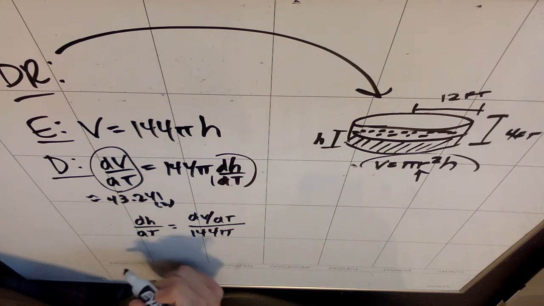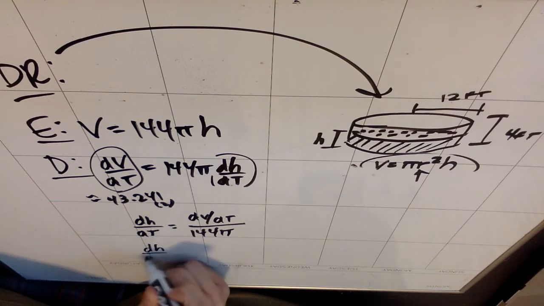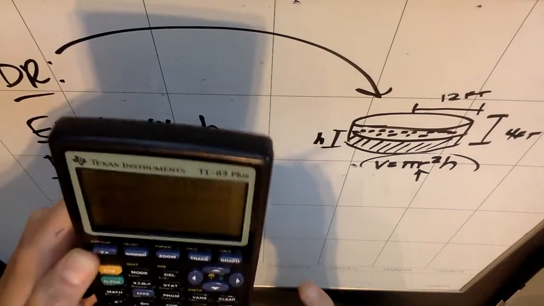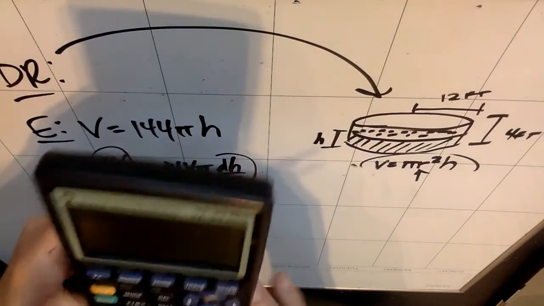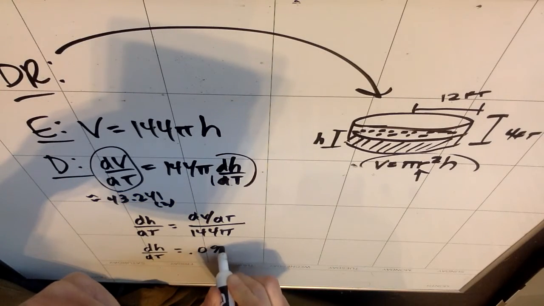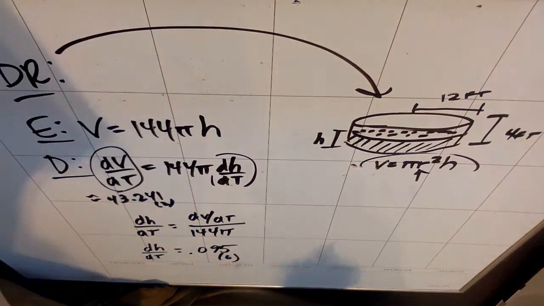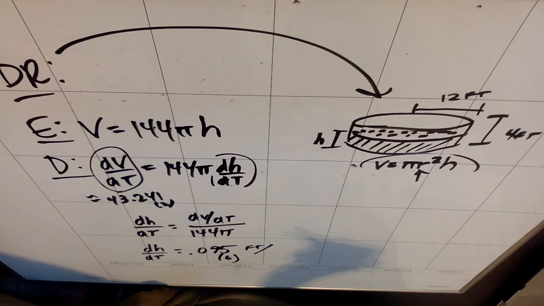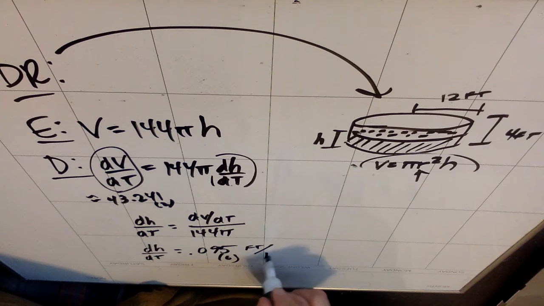So my answer is that the height, dh/dt, is changing at a rate of this number divided by, in parentheses, 144 pi. And I get 0.095 or 6, depending if you round or truncate, and height in this problem is measured in feet, and time has been measured in hours, I think? Yep. So feet per hour. And that's it. That's all they want.